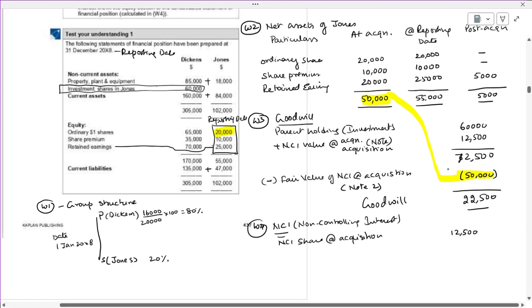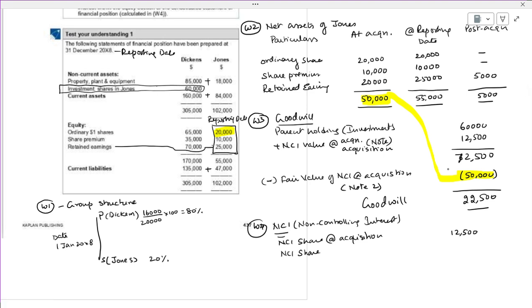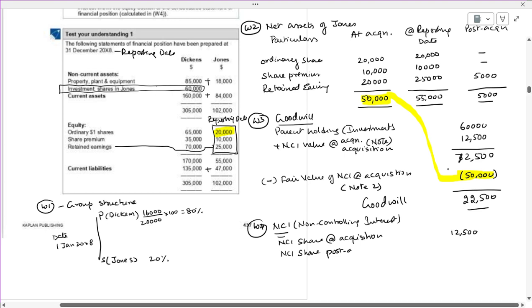12,500. Is it right? 12,500, NCI. Now the NCI share in post acquisition profits.